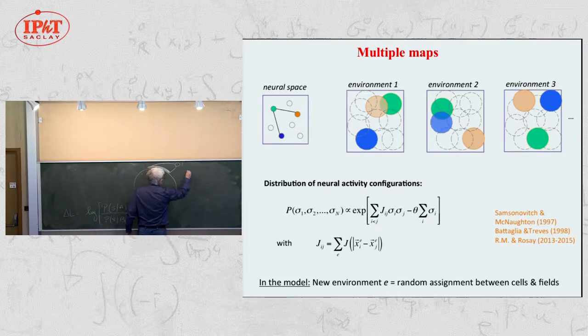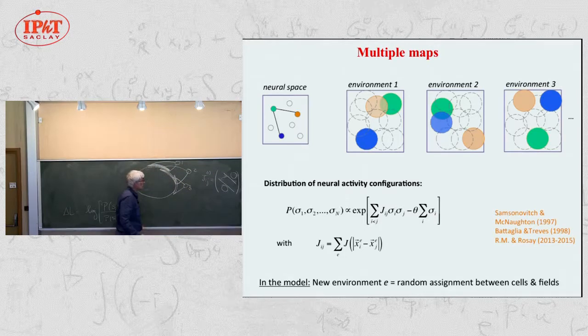Now neuron number 2, and I can always order my neurons to do that, has a place field here. Neuron number 3 will be here, okay? And so on. So in this particular environment, the Jij matrix will be some kind of band diagonal matrix, and the width of the band will depend on how much these different place fields overlap. This is environment 1.